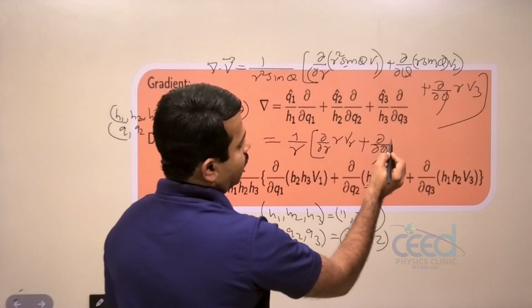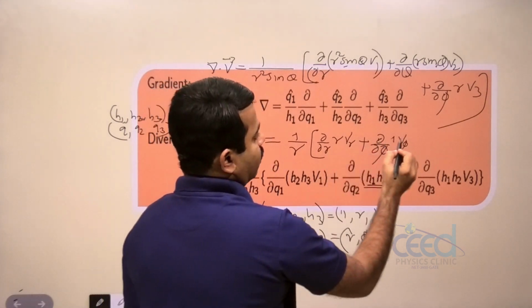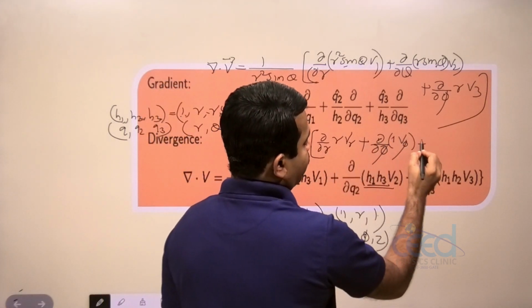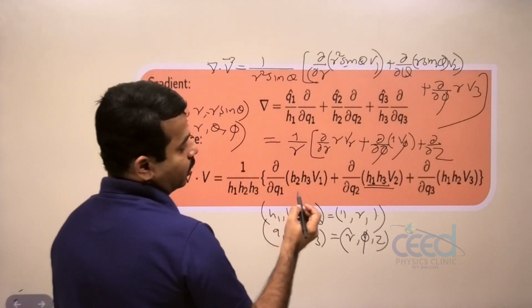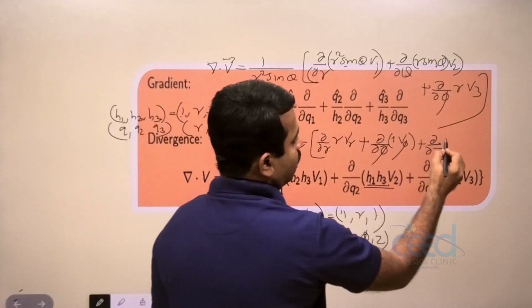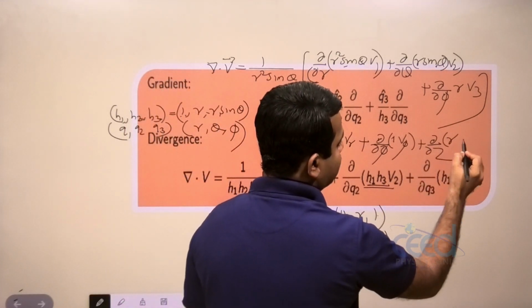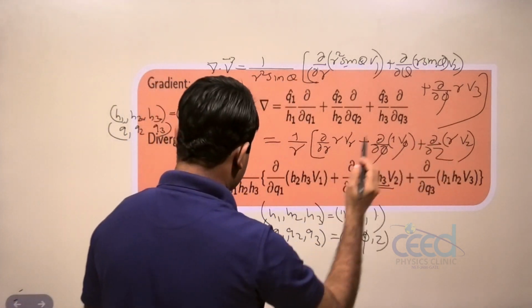Alright, then 1 V phi, right, plus dou by dou Z of, alright, that is what is the function? H1 H2, that is 1 into R, right, Vz.